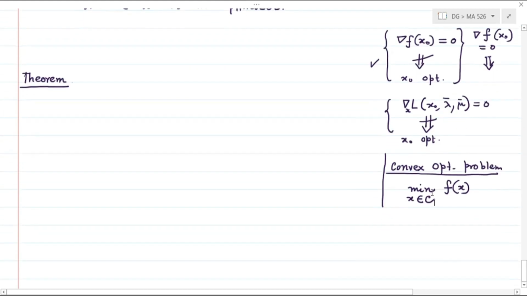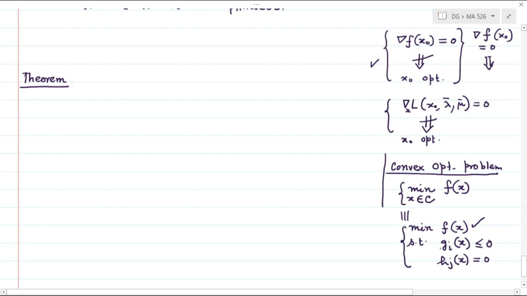Now, if I try to write it equivalently in the following manner, it is minimization of f(x) subject to g i of x less than or equal to 0, h j of x equal to 0, where f, g i, h j are all convex. If I have f convex, g i for all i equal to 1 to m, h j of x for all j belonging to 1 to l.